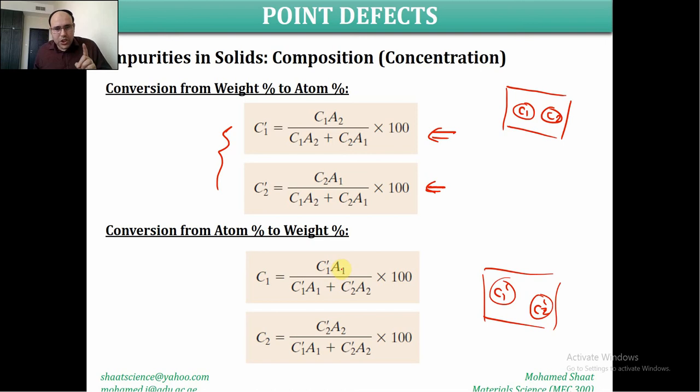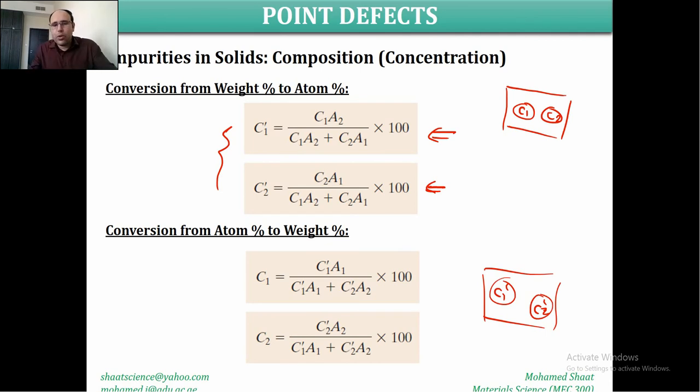So C1 dash A1 divided by C1 dash A1 plus C2 dash A2, times 100. For the other element it's gonna be the same, but the only thing you change is the numerator, C1 dash A1, which will be C2 dash times A2. You're gonna end up with the concentration in terms of the weight percent in case the concentration was given as atom percents. Make sense?